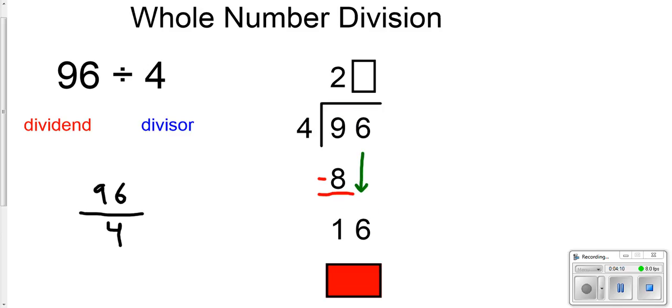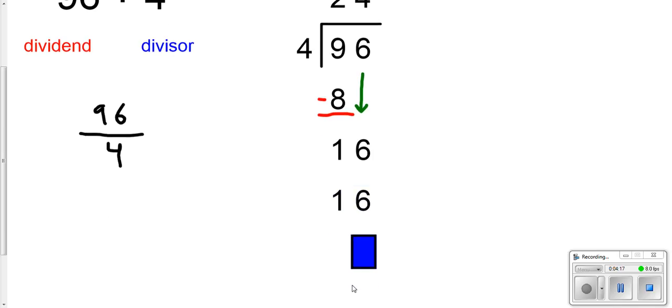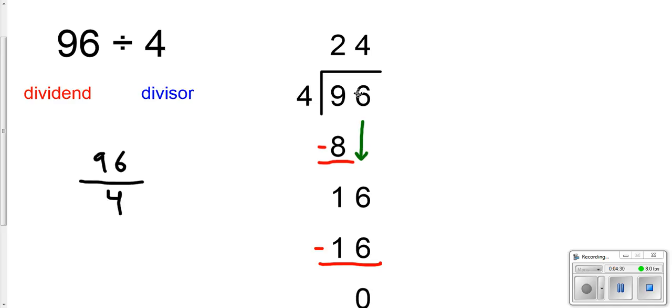Well, 4 goes into 16 exactly 4 times, because 4 times 4 makes 16. So we do the same thing: subtract. 6 minus 6 is 0. 1 minus 1 is 0. So we're left with 0. We've used all of these digits, and we have a remainder of 0.